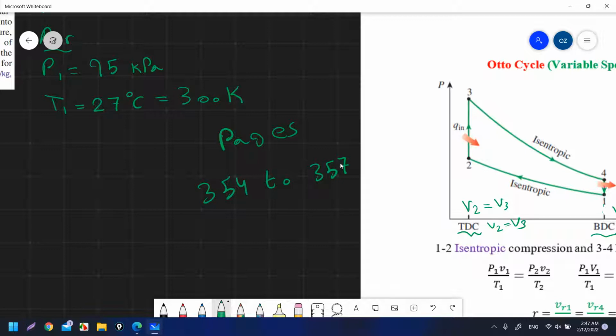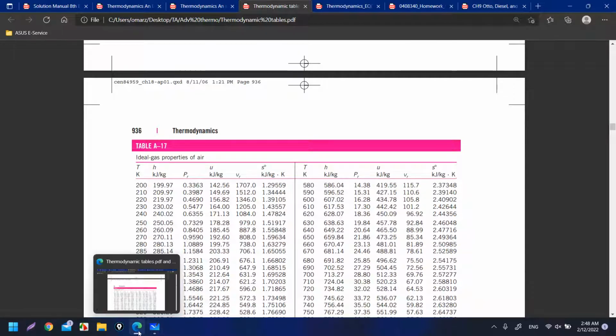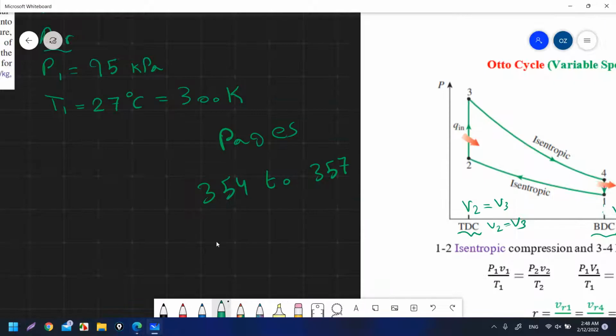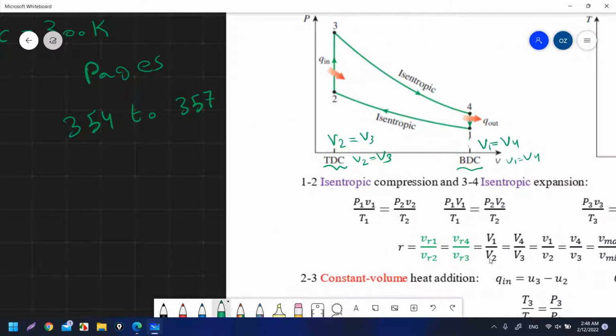It will not affect the solving of our problems. But know that Pr and vr are dimensionless quantities. There is no unit, and vr is not the specific volume or the volume, and Pr is not the pressure. Our pressure is in kilopascal or megapascal, but Pr is a dimensionless quantity and vr also.